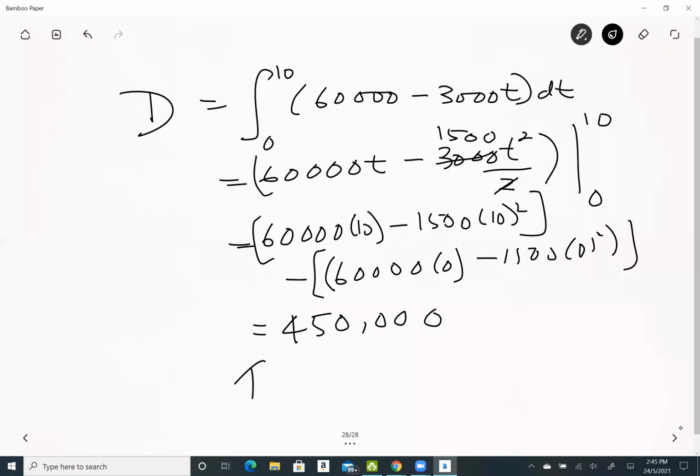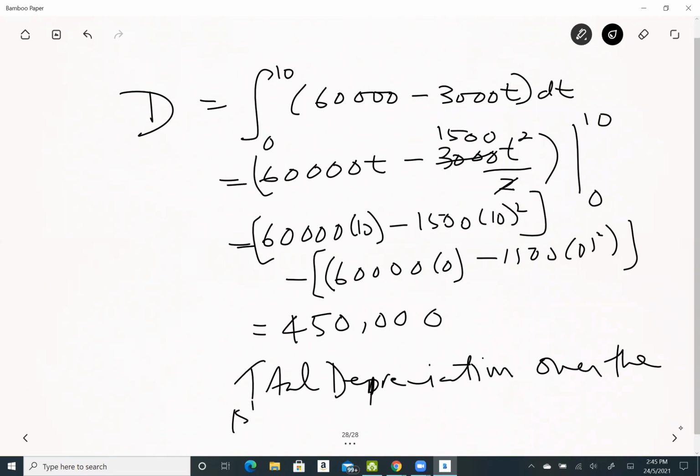We say that the total depreciation, it's not the rate anymore, because we are integrating the rate. So it becomes the total depreciation over the first 10 years. The first 10 years is how much? It is 450,000 dollars.